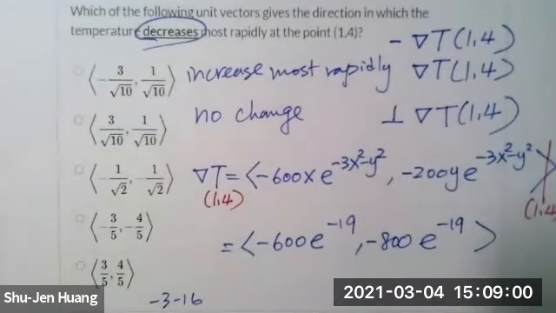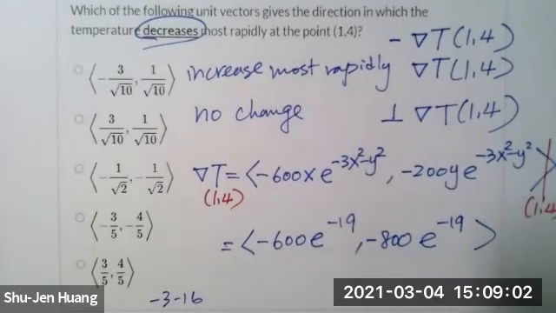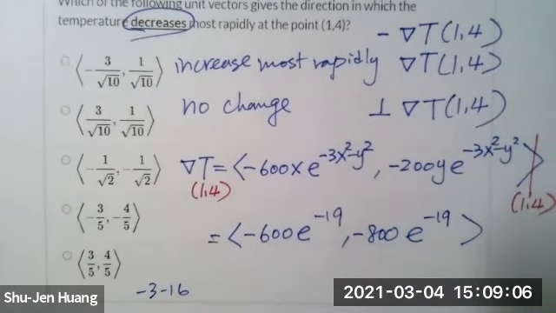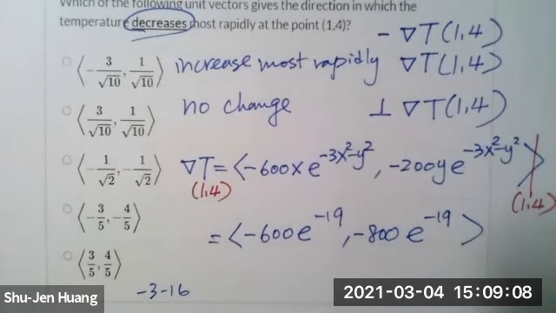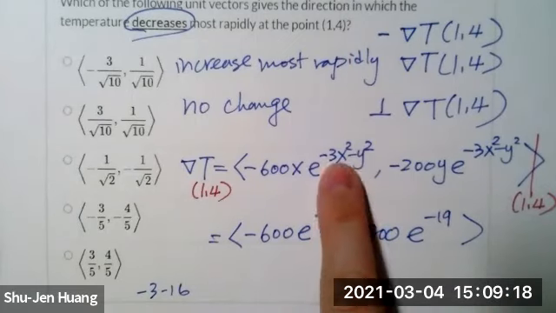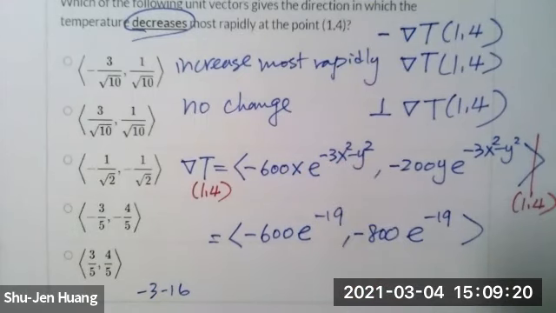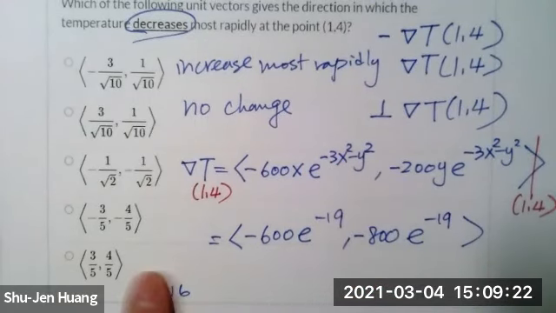Is that good? Isn't it minus 13? Or am I wrong? The exponent? We plug in x equal 1, so it's negative 3 minus 16, right? Yeah, you're right, my bad. I did the calculation wrong here. So it should be minus 19.